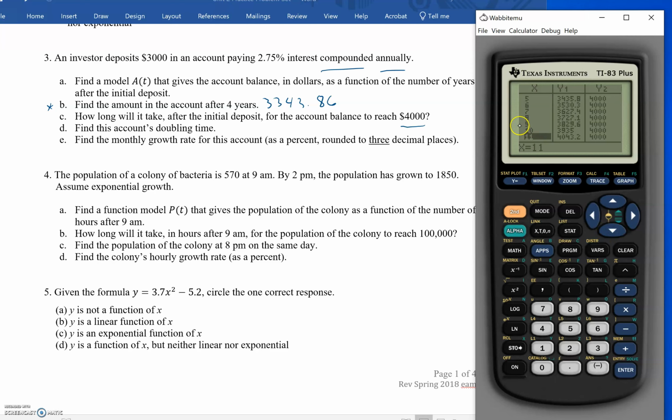Okay, so there you go. You see from between year 10 and 11, somewhere in there is where we cross this $4,000 mark. So that gives me an X max for my window. I'm going to put in 15, and then I'm going to do zoom fit with that.